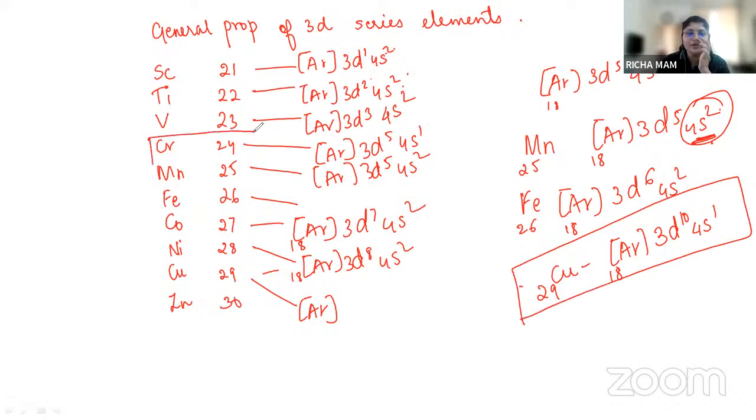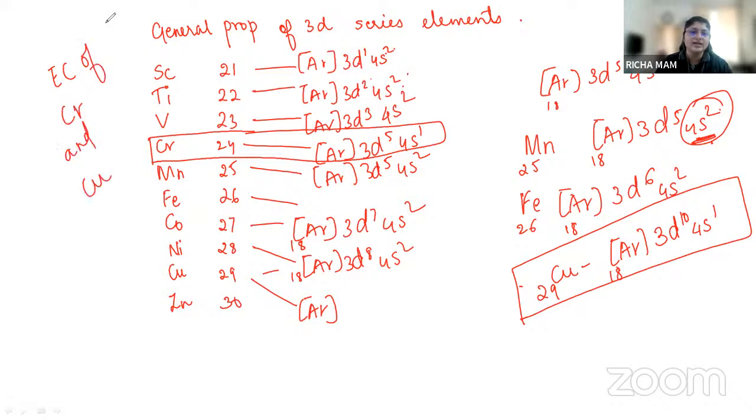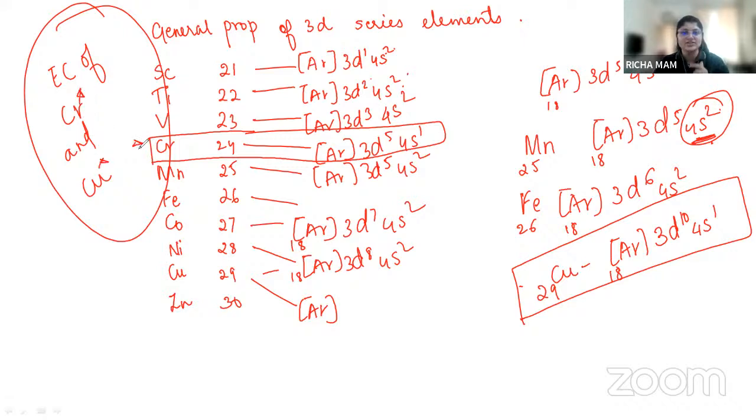The electronic configurations of chromium and copper are asked in exams, so this is very important. Mark this important. It will change, because when filling the electrons, it takes stability into account: the d5 system and the d10 system.